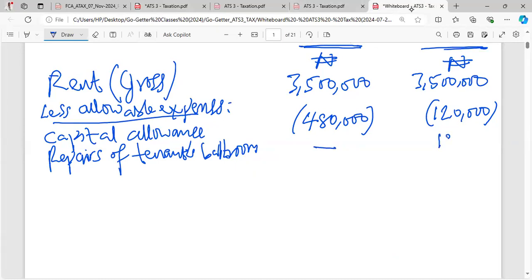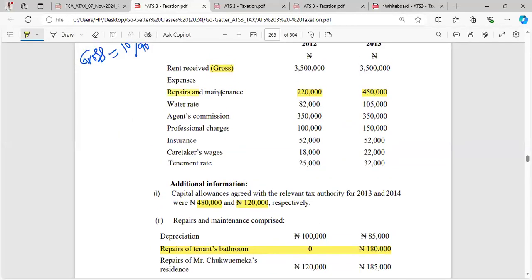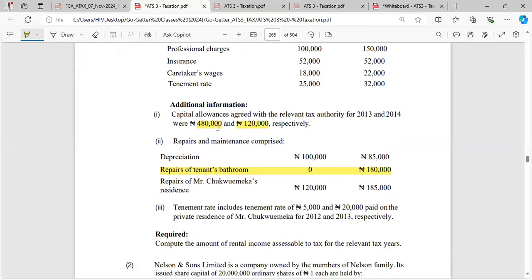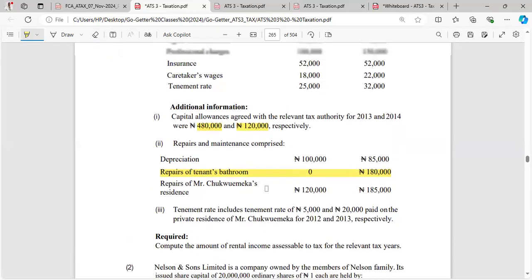Then we have 180. So it means here we have dealt with repairs. Then the next one, tenement rate. Look at tenement rate. That means as we are dealing with this, we are dealing with this already.